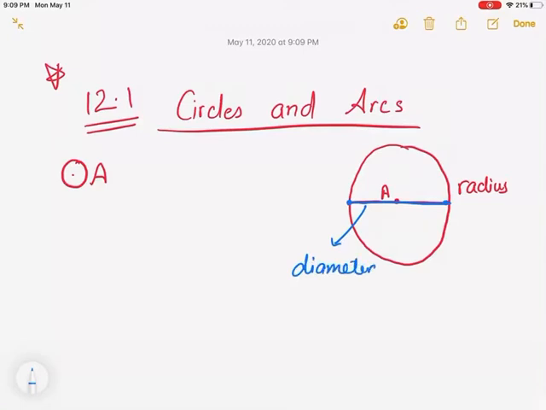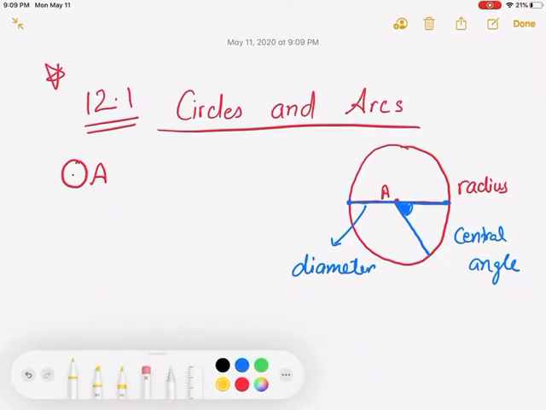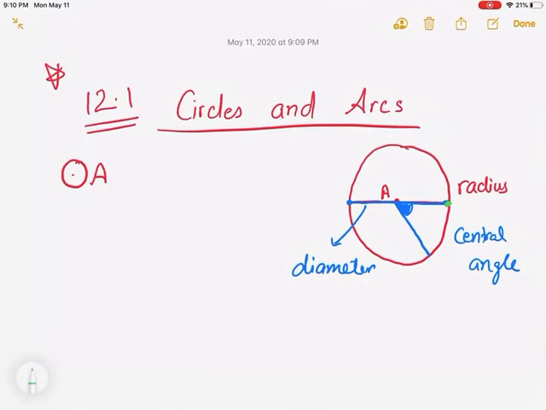Okay. Another one, let's say you have any two radii and there is an angle in between. So what do we call that angle? This angle is called the central angle. And there's one more. Let's say I ask you to measure a segment on this circle that goes from here to here.